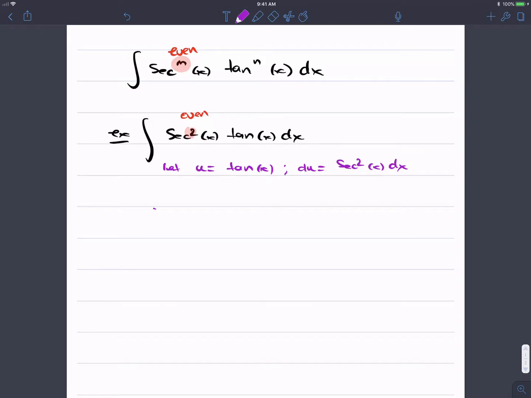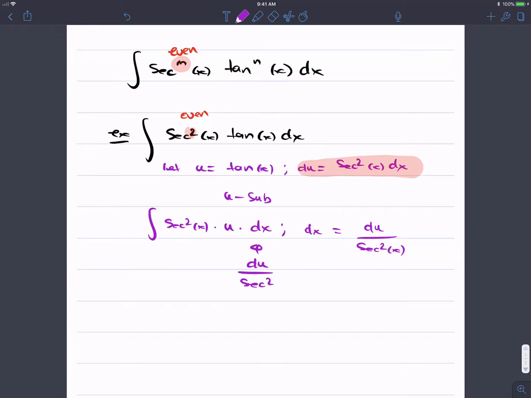So now my integral will be secant squared x, u is my tangent, and I have dx. So performing u sub, we could look at this a couple of ways. I can say that, solving this for dx, dx will be du over secant squared x, so that I can replace this dx with du over secant squared x.